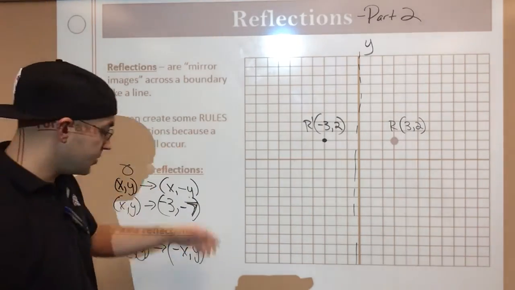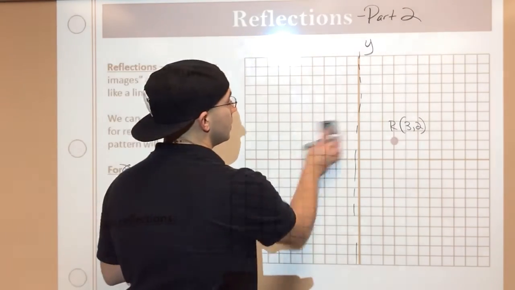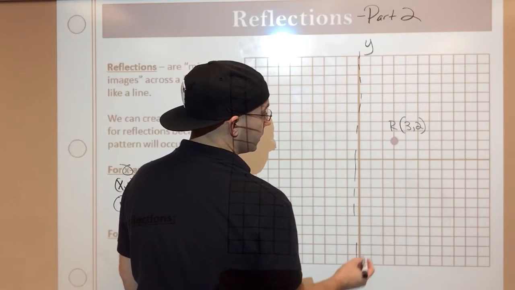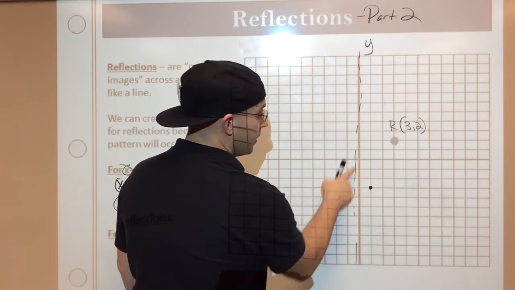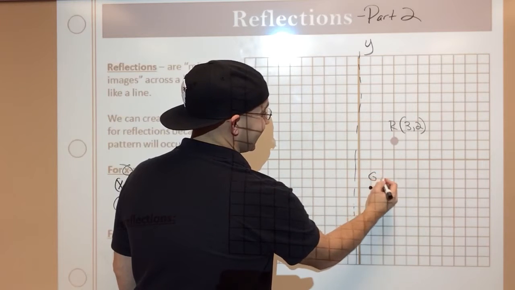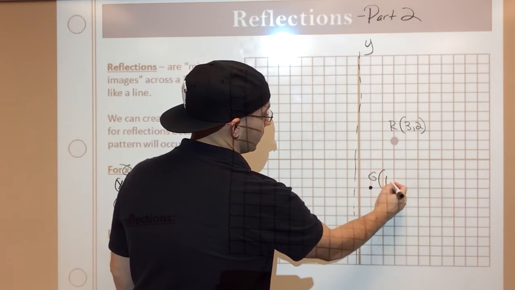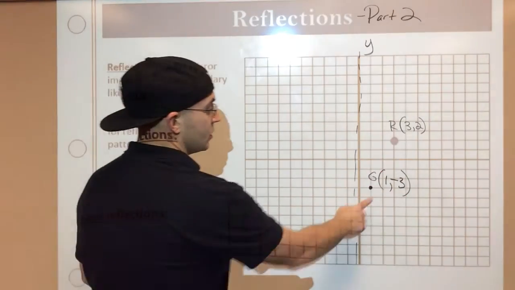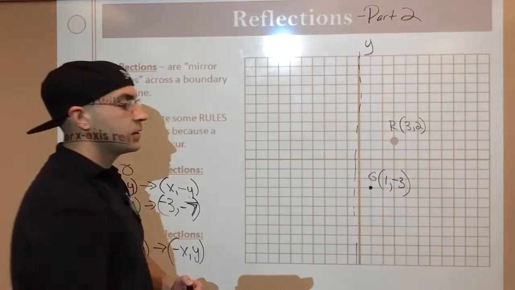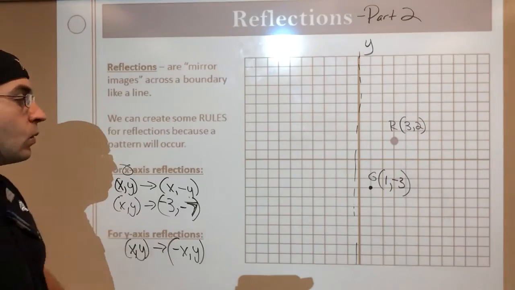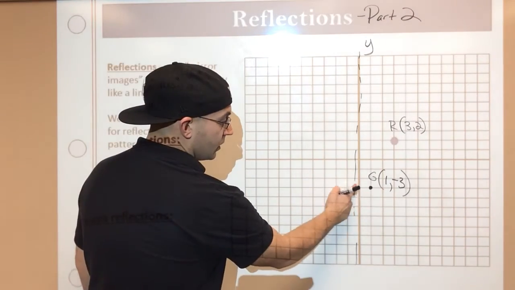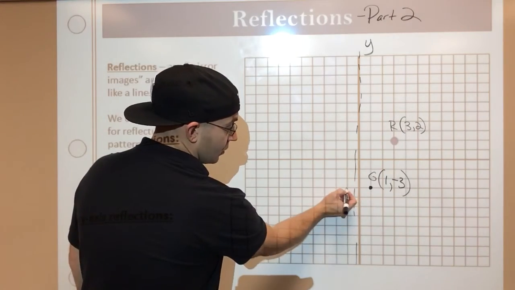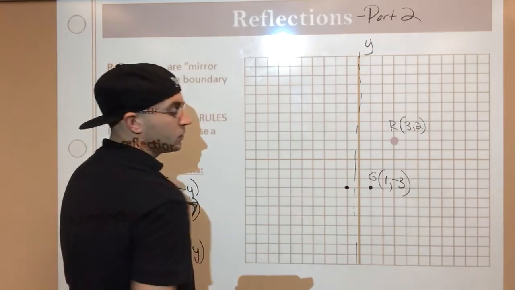Okay, so now let's choose another point and let's prove it to be true. I don't know, let's make an easy one. Okay, so let's call it G again. 1 over and 1, 2, 3 down. So down is negative. So this is going to be (1, -3). I want a y-axis reflection, so if it's 1 unit away from the axis to the right, I've got to make it 1 unit over to the left.